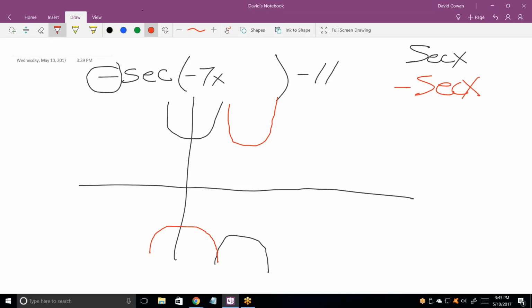Now let's look at the second negative sign. That's a flip over the y. No, I've got to flip the whole thing.